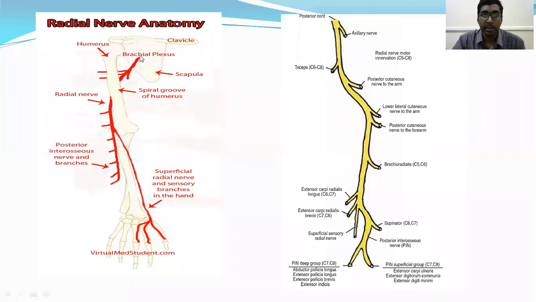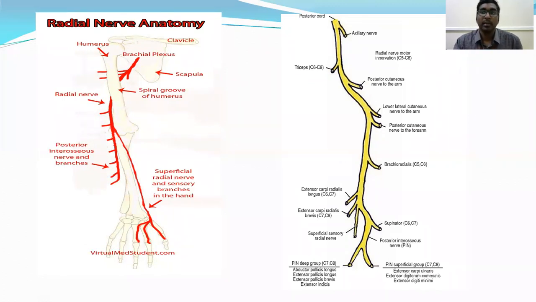This diagram shows the radial nerve in relation to the bone. This is a slightly zoomed image of the individual radial nerve branches. Here in the axilla, the radial nerve branches are very important. How many heads does the triceps have? There are three heads: lateral, long and medial.